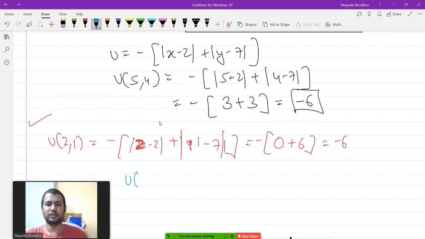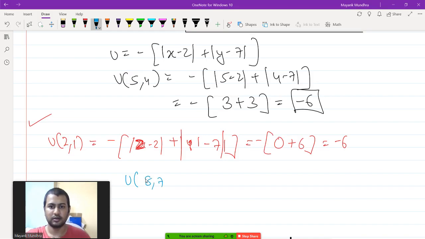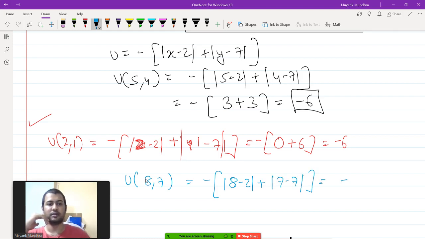Next is utility at the point 8 comma 7, which is negative of mod 8 minus 2 plus mod 7 minus 7, so that's minus 6.